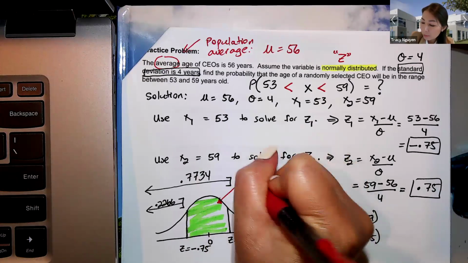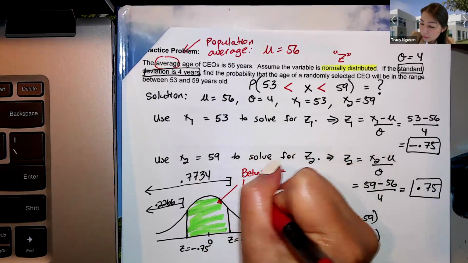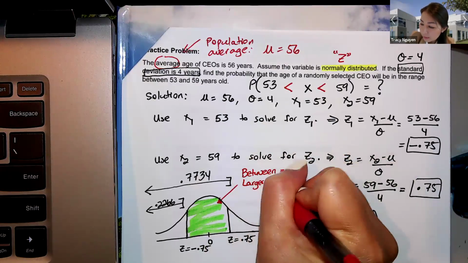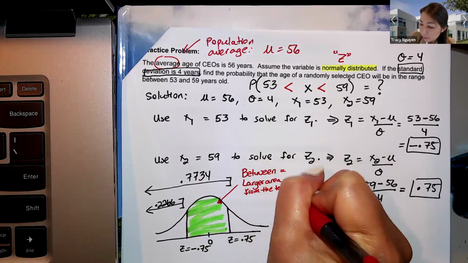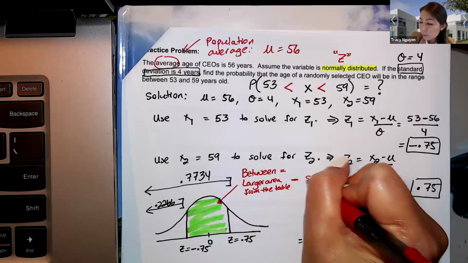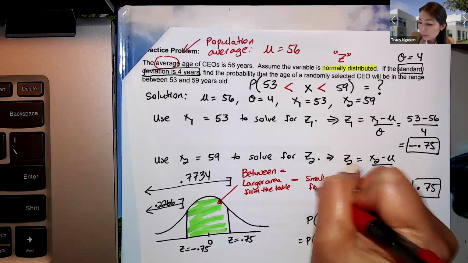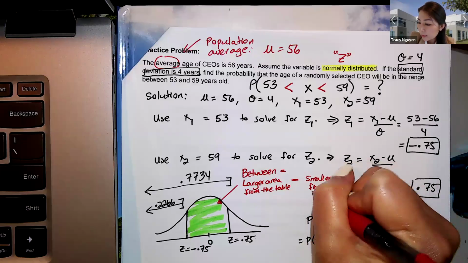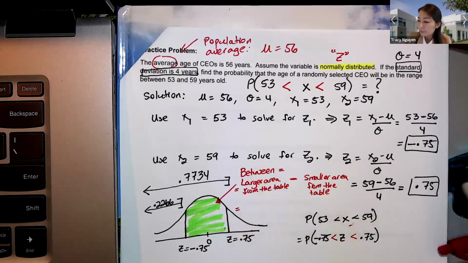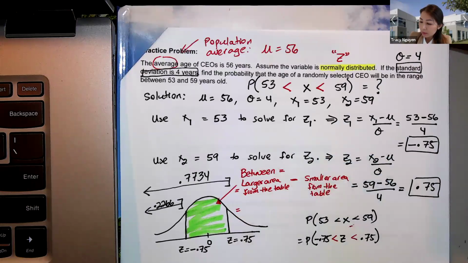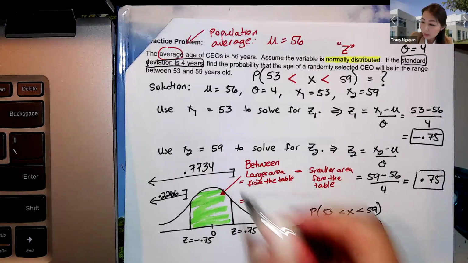We reviewed it earlier for the case for between. Between, from our procedure table, it tells us larger area from the table, and we're going to minus the smaller area from the table. So that tells us in our problem here, we would take 0.7734, it's the larger area.